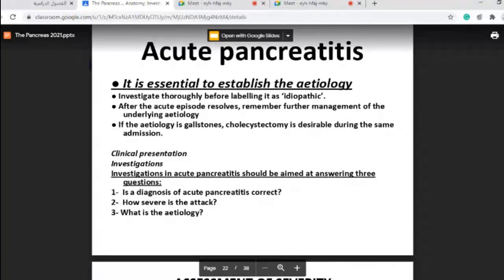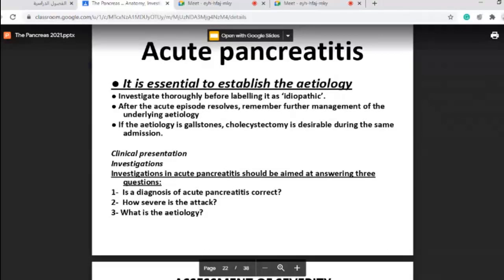The most important thing is to do a differential diagnosis. This acute severe abdominal pain may be due to other conditions needing immediate surgical intervention, maybe due to a perforated peptic ulcer, for example. This is one of the very important differential diagnoses.